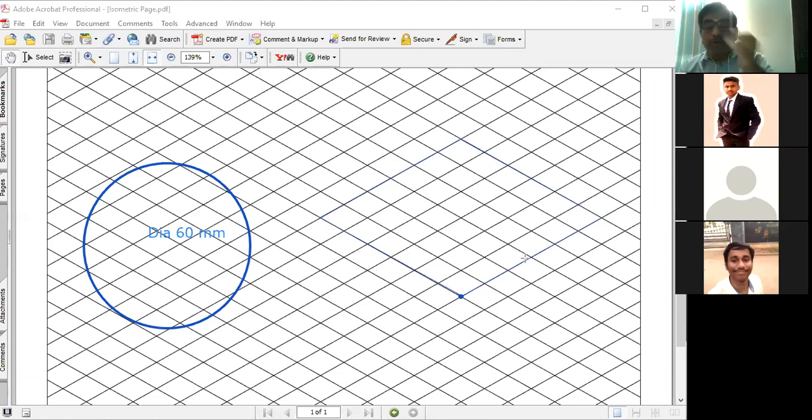Now after drawing this rhombus, you need to find the midpoint of each and every side. So now, where is the midpoint for this one? Exactly at 30 millimeter, isn't it? Here, this is the midpoint.